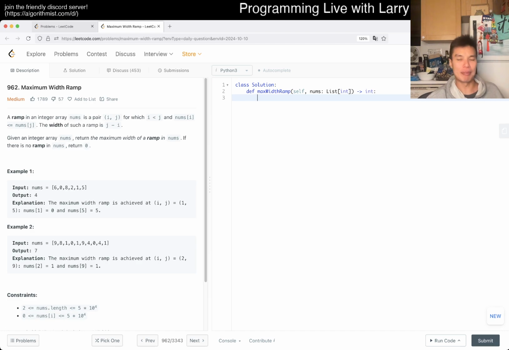This is how I got the segment tree solution, right? For a num sub j, where we already processed all the previous numbers, we just want to get the first number, or the earliest number, that is smaller than num sub j, right? Or equal to.